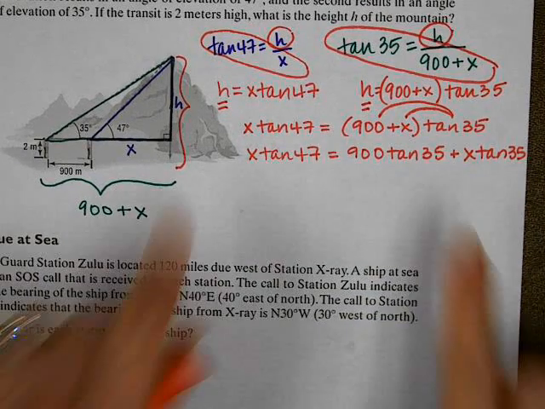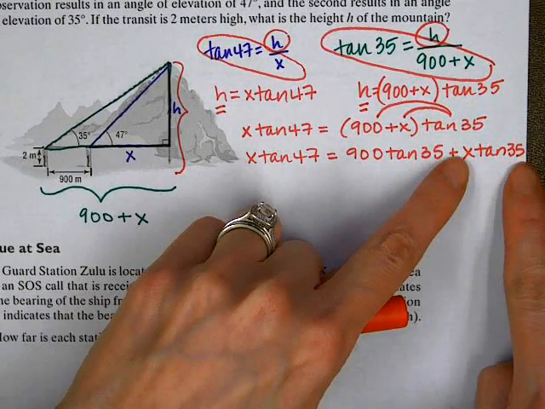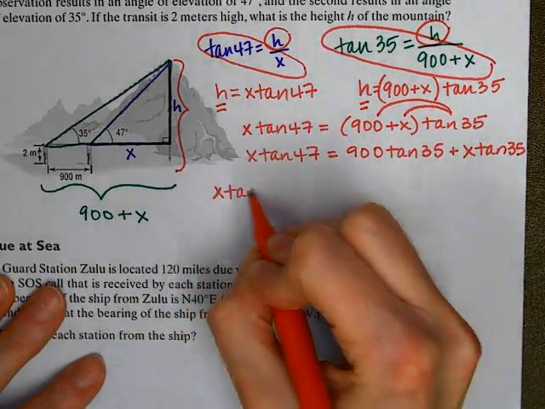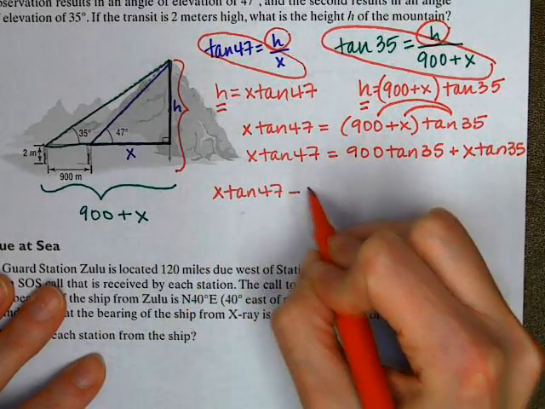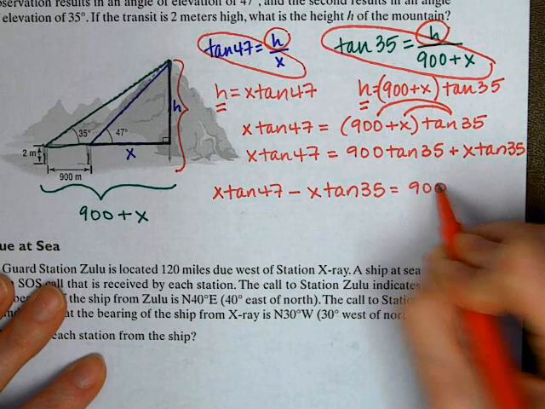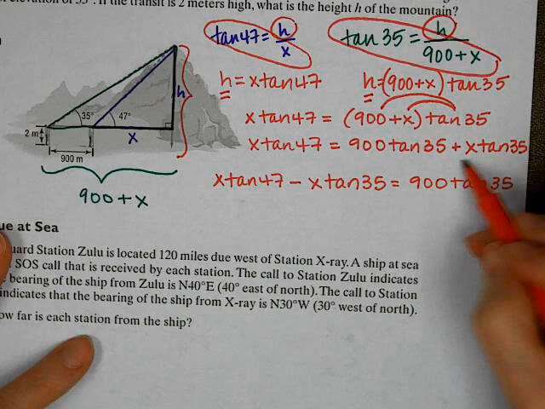And now, both terms with x's in them, we want to get them on one side. So I'm going to subtract this guy over. And now it's x tan 47 minus x tan 35 equals 900 tan 35. So we just subtracted this guy over.